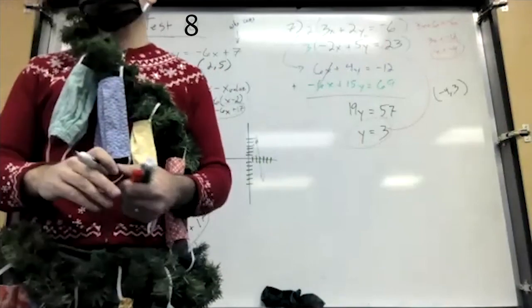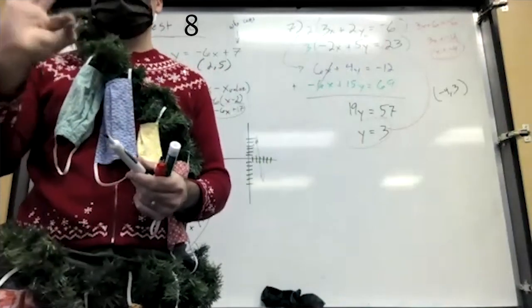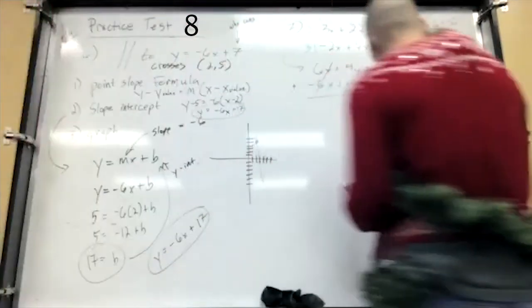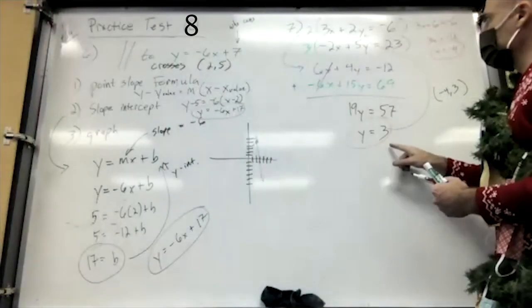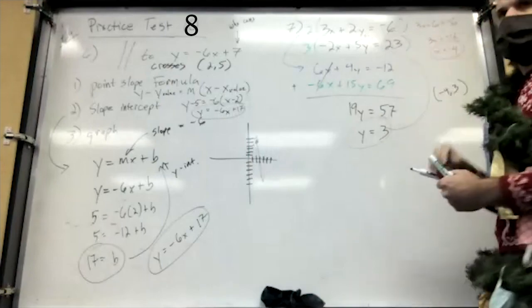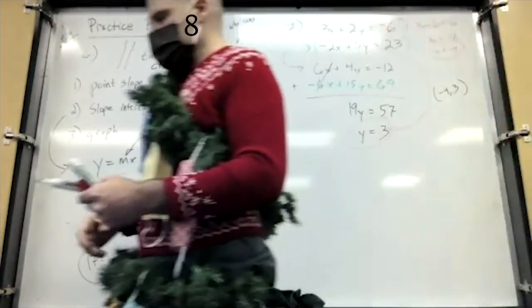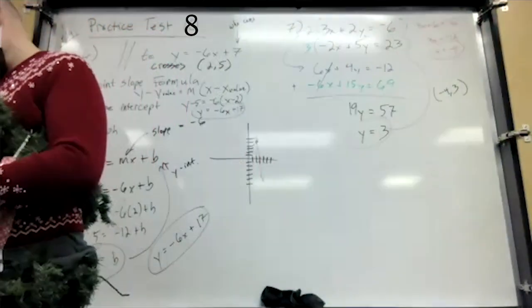We're trying to find the x and the y value. So we just found the y, and then we had to plug that 3 in for y to get the x. You could have plugged it into either equation.